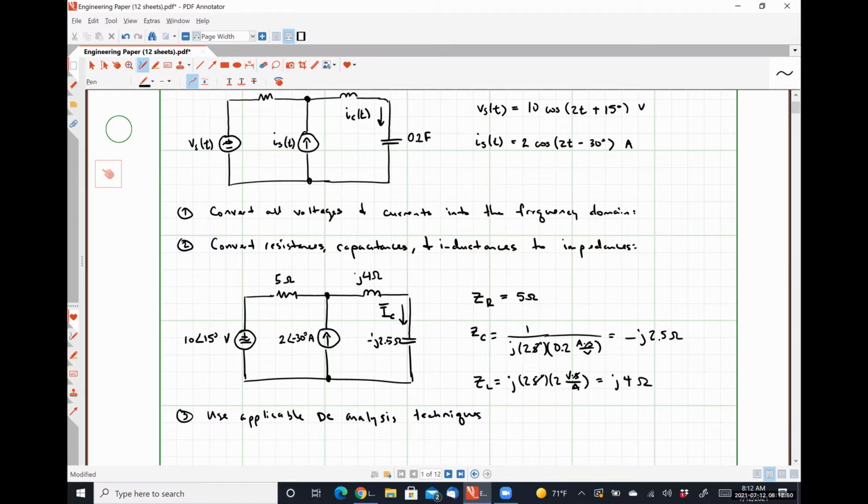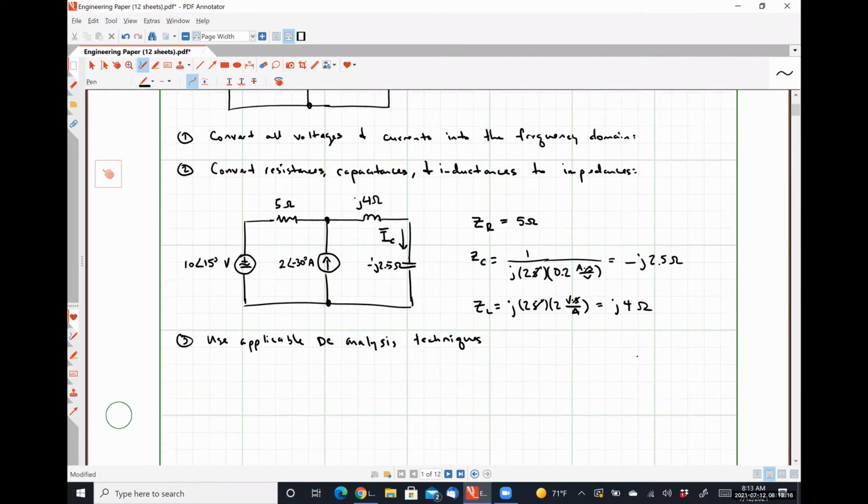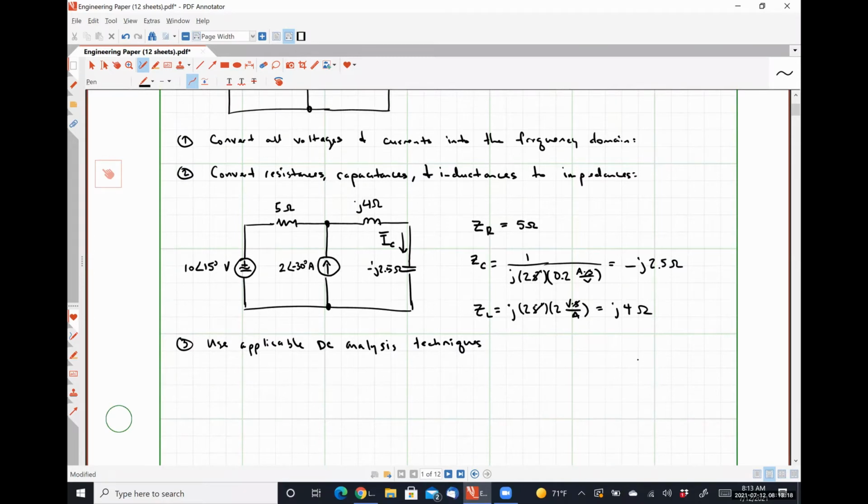So if this were a DC circuit, what would be the most efficient means by which to solve for this quantity IC? So we could combine those two impedances together to make a single impedance, okay? What would we do after that?